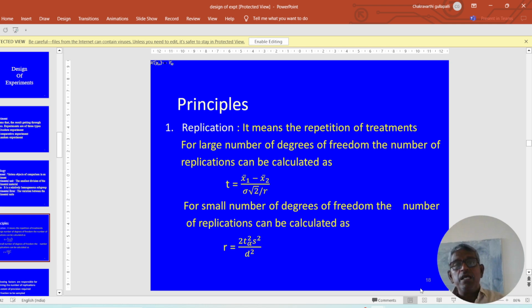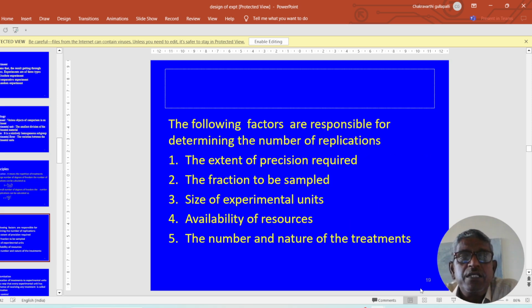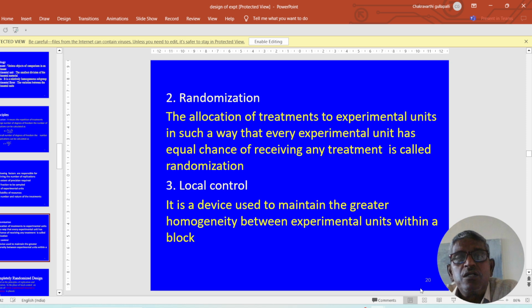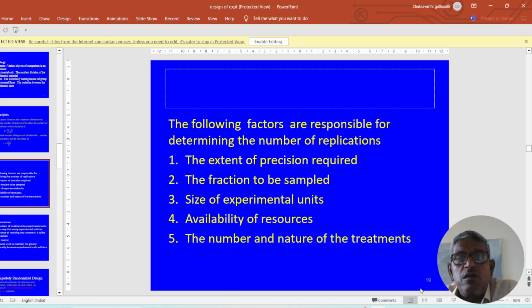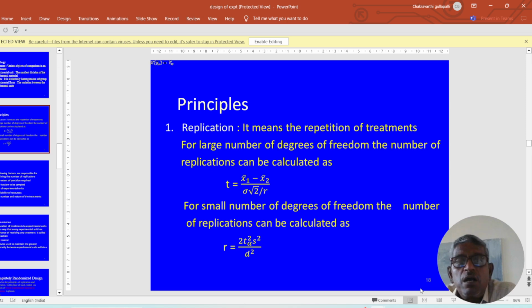Now, when applying design of experiments, we have to follow three basic principles. One is replication, another is randomization, and the third is local control. Coming to replication: replication means we have to repeatedly apply the treatments.